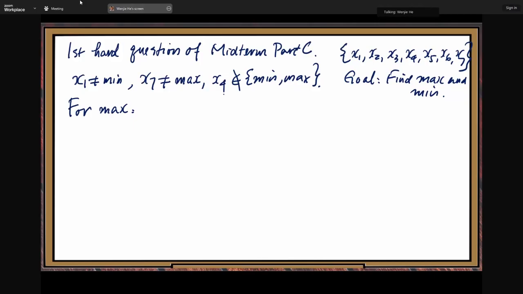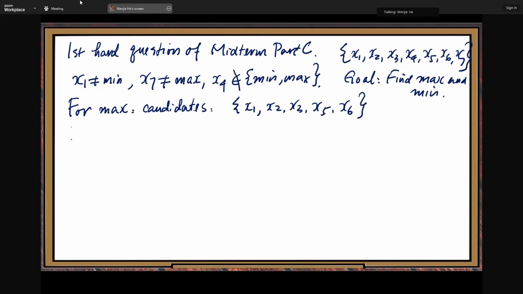Throw away, elimination. But for max, candidates: X1 qualifies, right? So X2, X3, X5, X6 qualify for max.